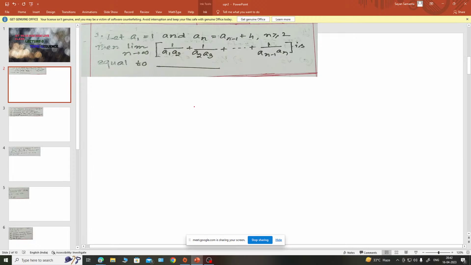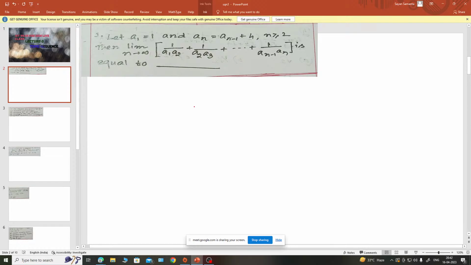Everyone try this question and please join our class and enjoy it. The question says that a1 is equal to 1 and an is equal to an minus 1 plus 4, n greater than or equal to 2.